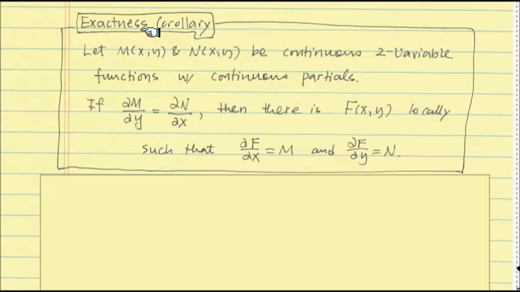That's why it's called exact. The reason I call it a corollary is that it's actually coming from a bigger context than just differential equations. It follows from Green's theorem in the context of calculus 3.